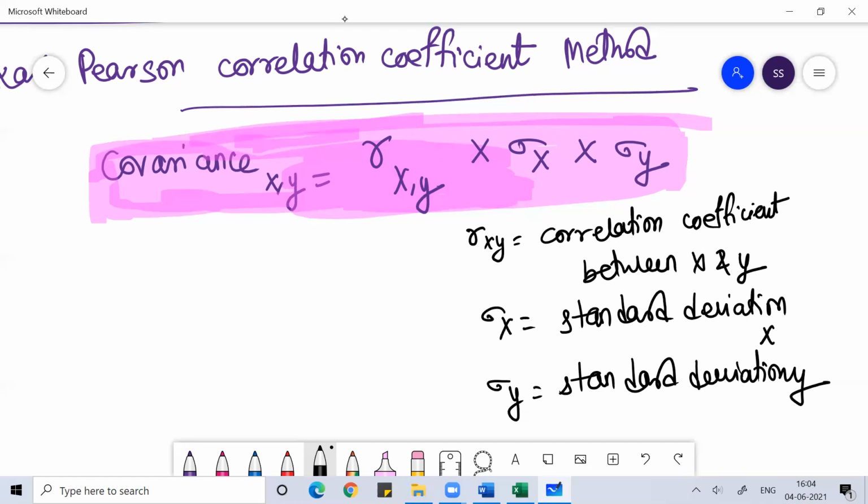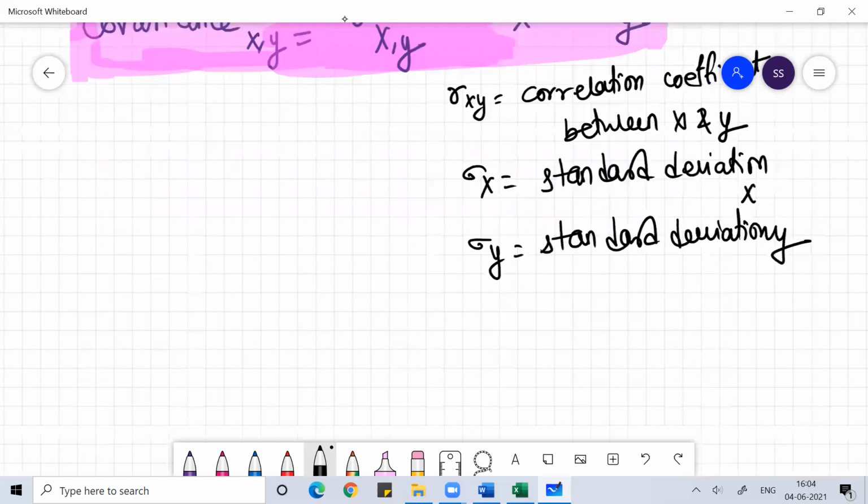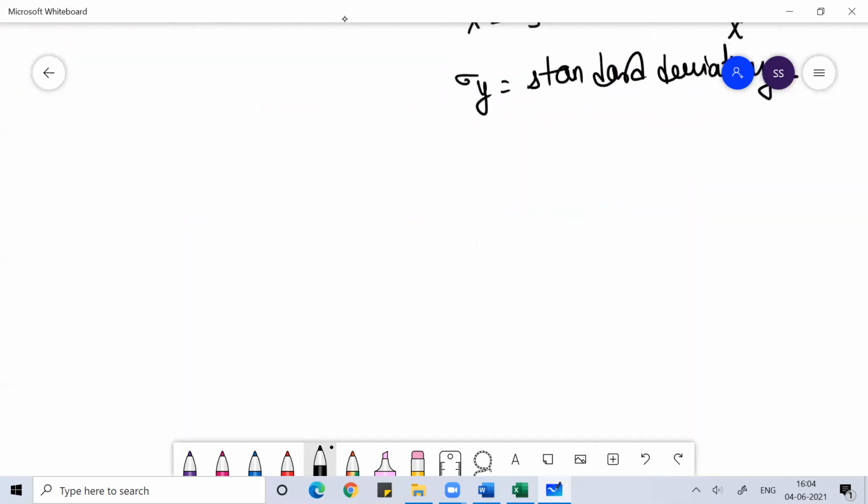So now one by one, I'll write down the formula. If possible, please write down the formulas. So when we say covariance, you know the formulas. Covariance basically emerges when you have more than one variable together.